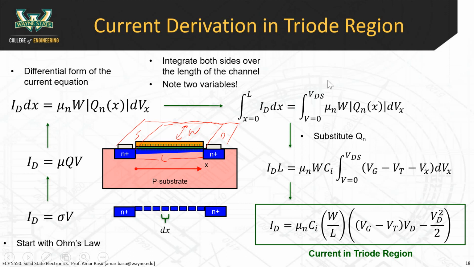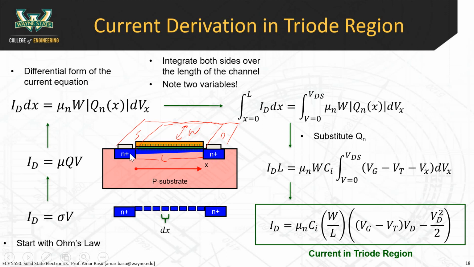Now on the right side of the equation, we are still integrating across the entire channel, from the left side to the right side, but we have a different variable here: dVx, the channel voltage. Something clever you can do is look at how our variable of integration changes as we go from one side to the other.